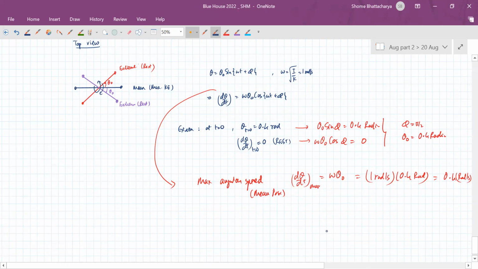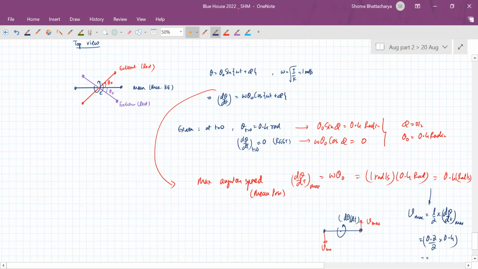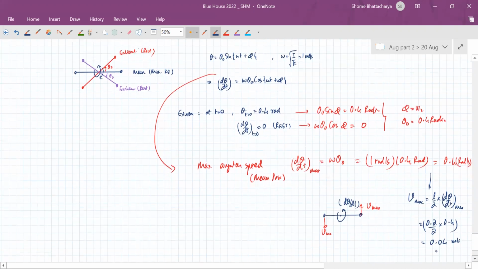So if that is the angular speed at the mean position, then what will be the maximum speed of each of these dumbbells? So it is 4 centimeters per second.